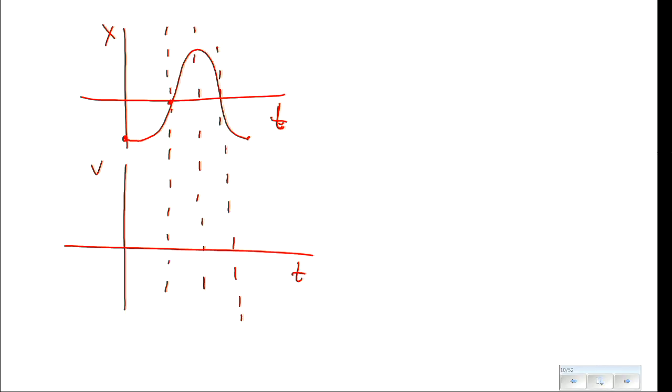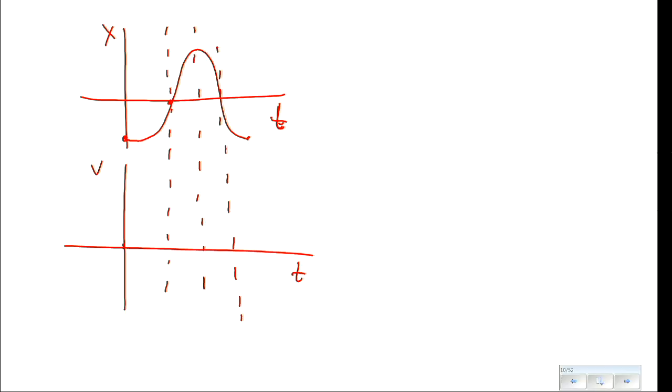Okay. So initially it's going to be at 0. What I'm having problems with is figuring out whether it will be positive or negative first. When we let it go from this position, it was traveling to the right. So it's positive. Even when it was traveling through the equilibrium, at that instant, the velocity was directed to the right.